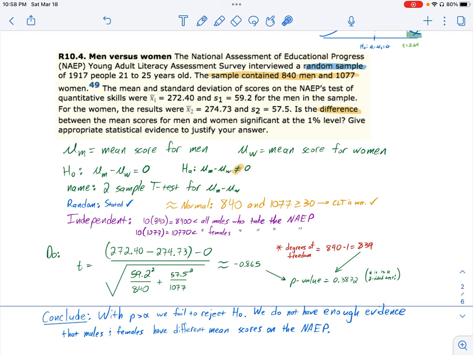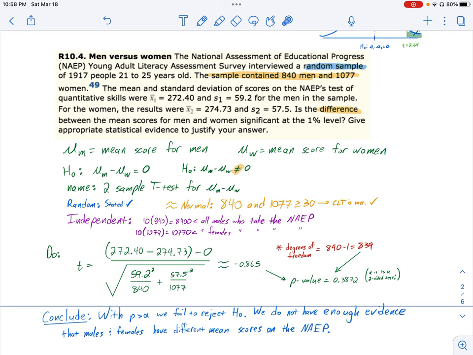They had 2 groups, 840 men, 1077 women. Here's their data. Their averages and their standard deviations are listed. So there we go. And the question is, is there a difference between the average for men and women at the 1% significance level?